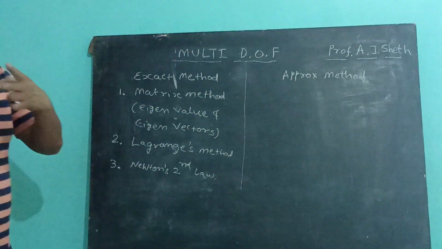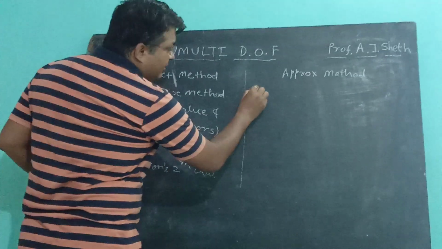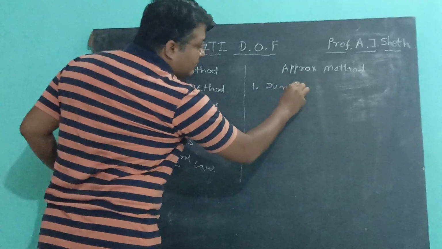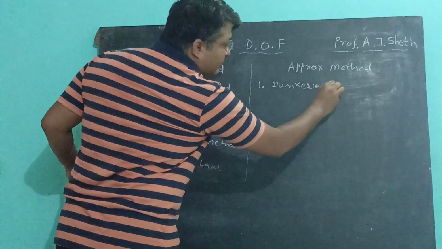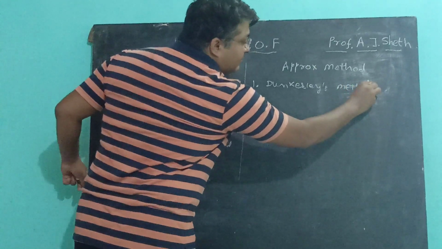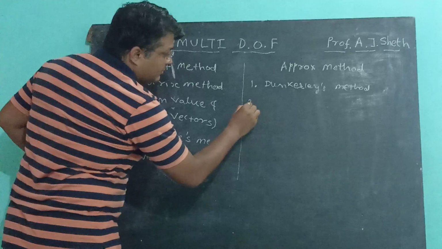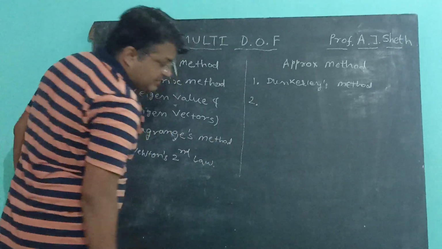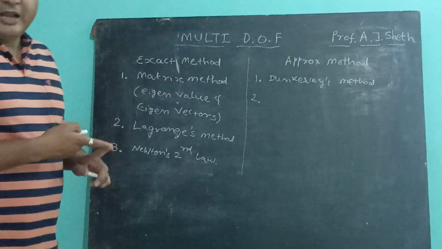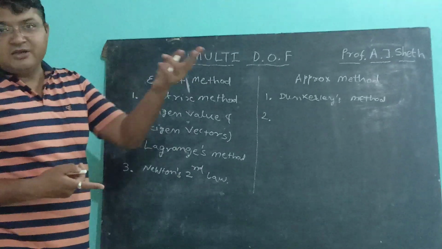Approximate methods: the most popular ones are, first, Dunkerley's method, then the second one is the Rayleigh-Ritz method. Rayleigh's method we had already understood.